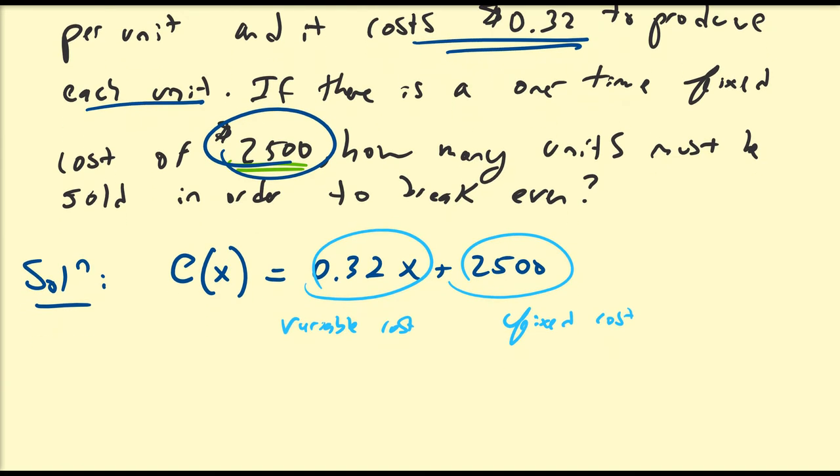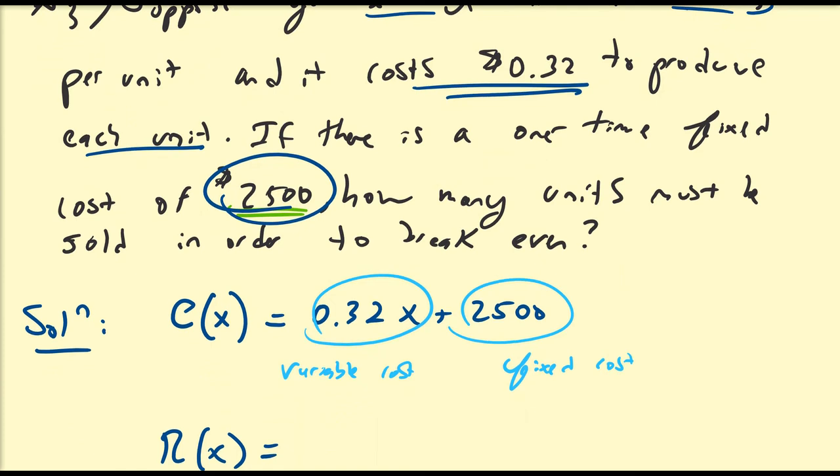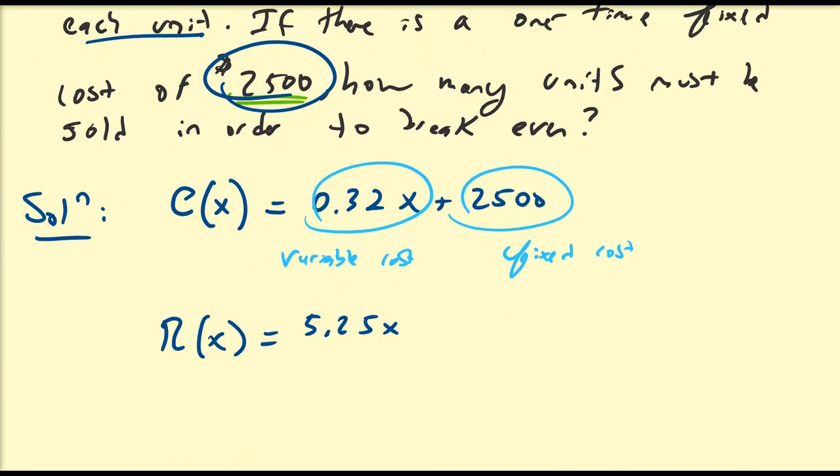Let's consider our revenue, R of x. We're going to sell x units at $5.25 per unit. So that's our revenue.